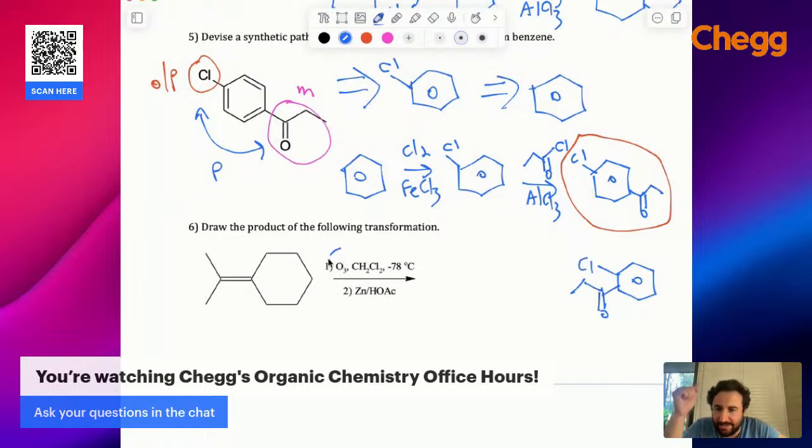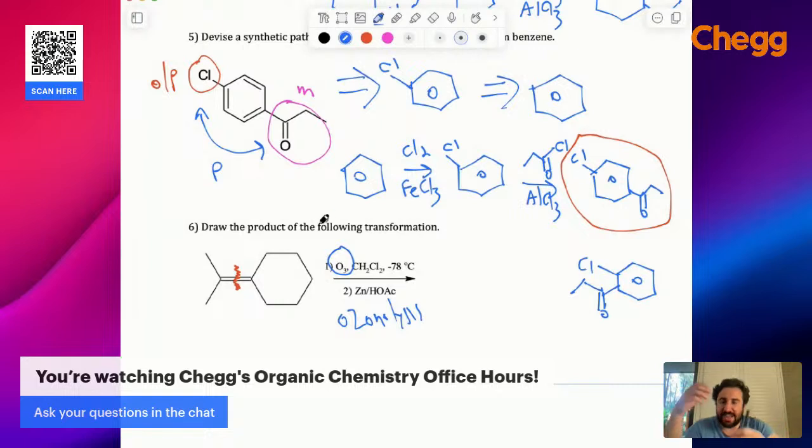We look at this, we see ozone. If you're studying organic chemistry and you see ozone, we know we're doing ozonolysis. So what do we do when we do ozonolysis? Ozonolysis cleaves pi bonds, carbon-carbon double bonds, and the carbons that were participating in the double bond are now carbonyls.